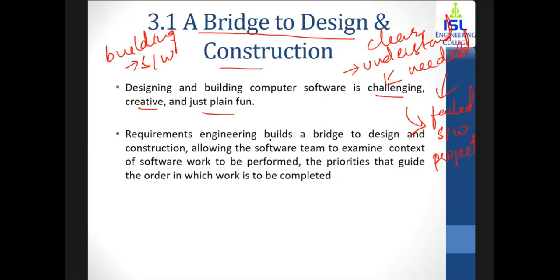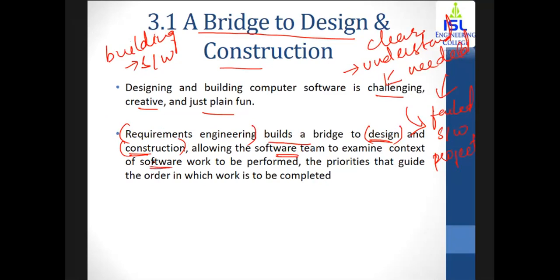Requirement engineering builds a bridge to design and construction. That is, if you gather all the requirements through this requirement engineering activity, it is going to help you design as well as construct the software. It also helps the software team examine the context of the software work.